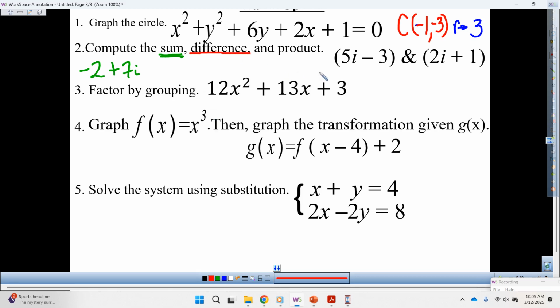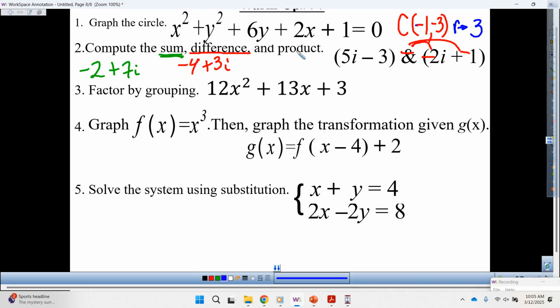Difference. Pass someone. Enrique. Negative 4. What else? Plus 3i. Looks about right.